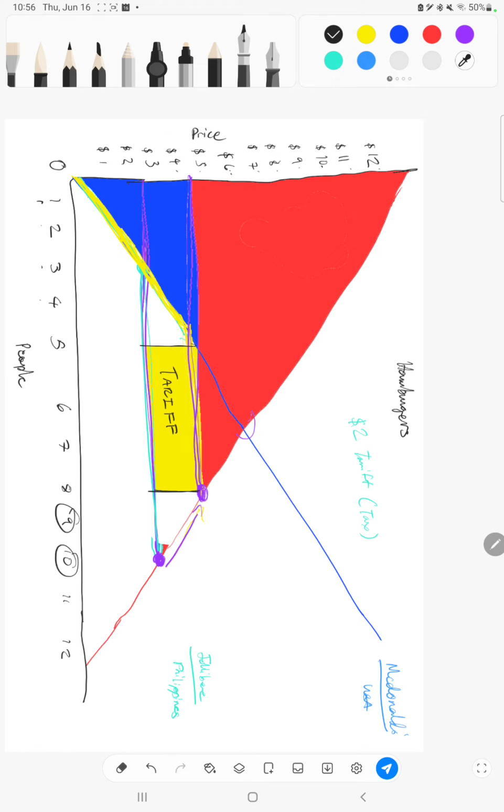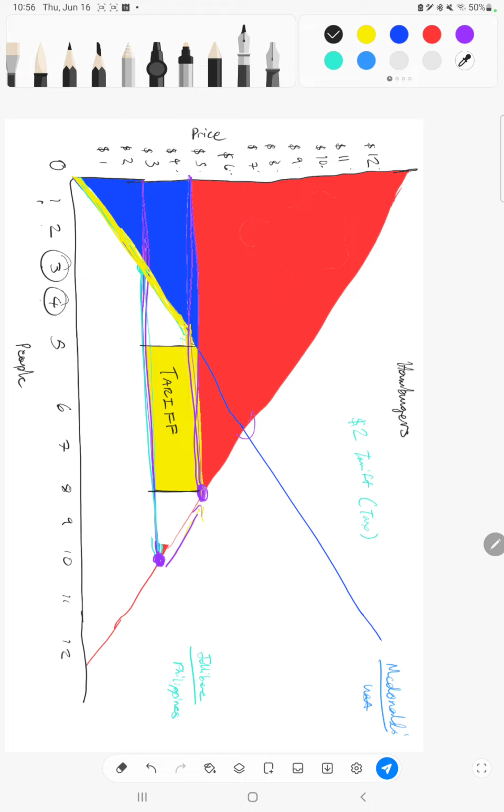And they said if hamburgers are worth $3, they're going to buy the hamburgers. But since it is now worth $5, these two people say, I don't think hamburgers are really worth that much. I'm just not going to eat a hamburger. And so poor Jollibee loses these customers because they no longer want to buy hamburgers that are worth $5.